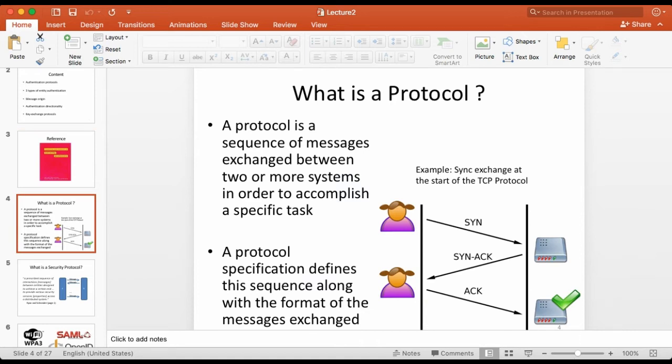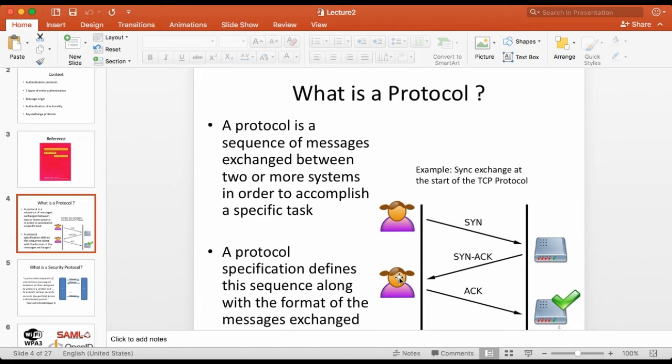Right, so moving on, first of all, we start with the question, what is a protocol? If you are from a computer networks background, you will have covered the idea of a protocol in your previous studies, so this is just to refresh your minds.